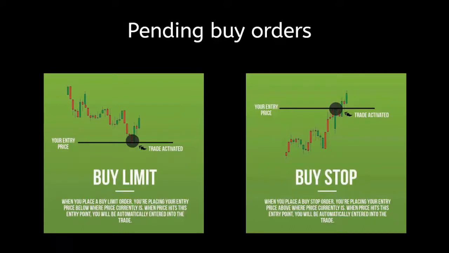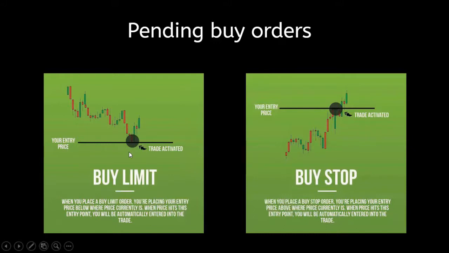All right, so for example, you would like to buy a certain coin, but not at the price it is right now, because you feel like the price is too high and it should retrace.